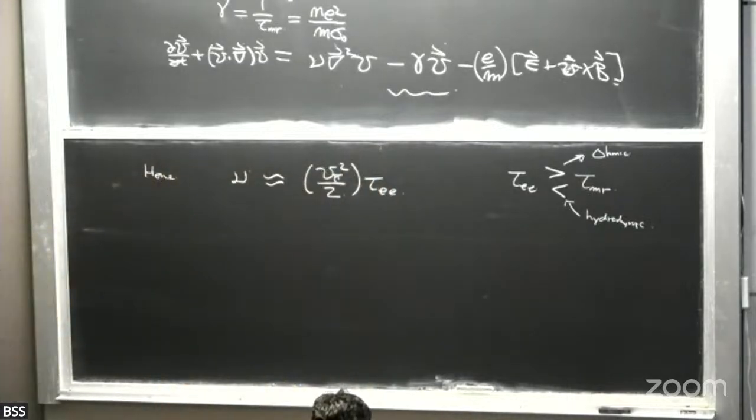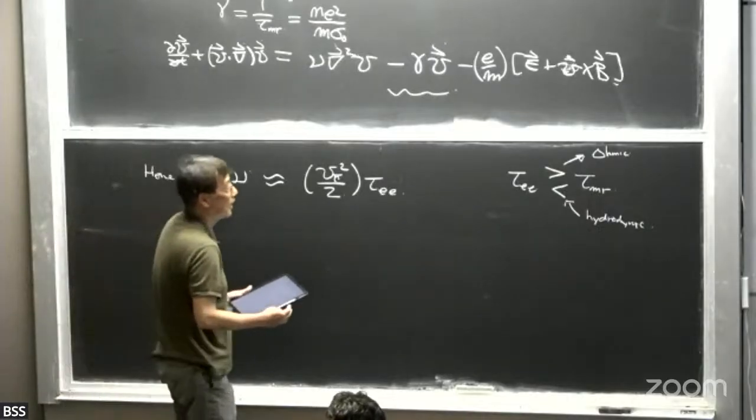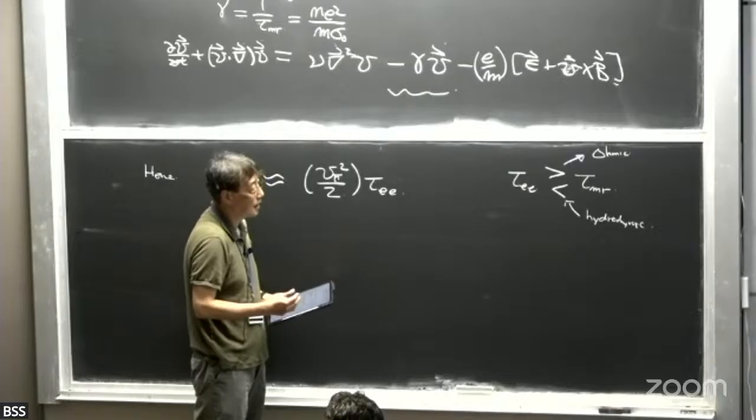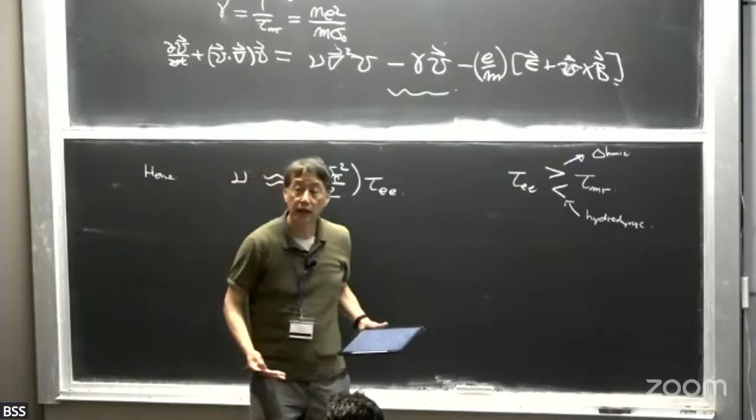The important length scale that we have to consider is what is the effect of the boundary on the system.